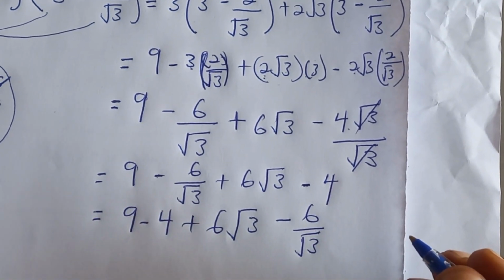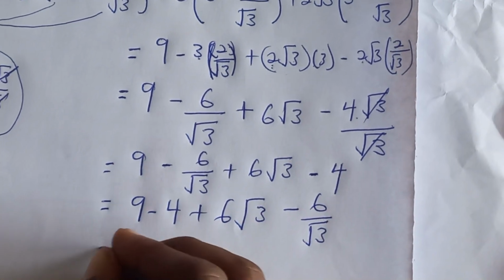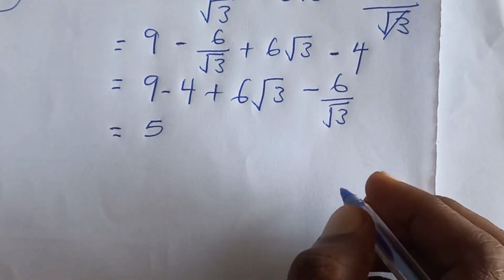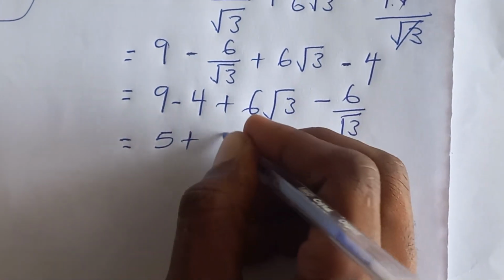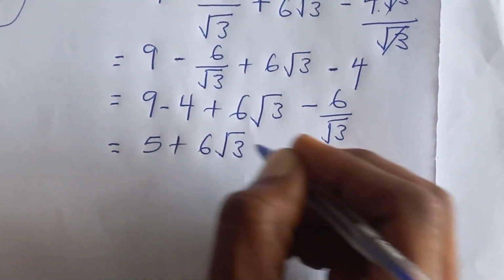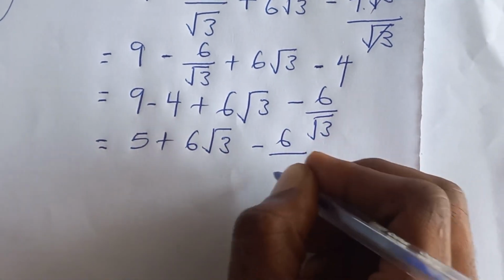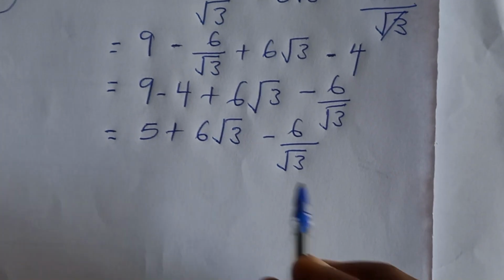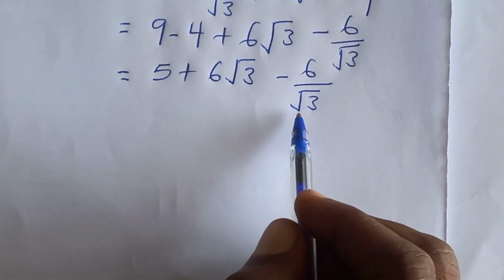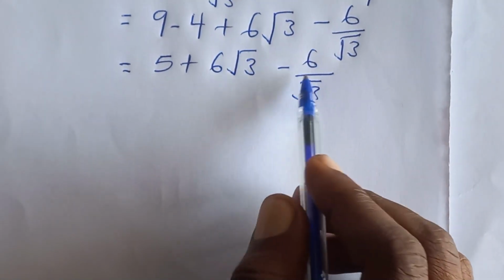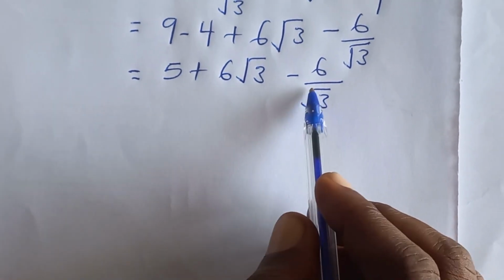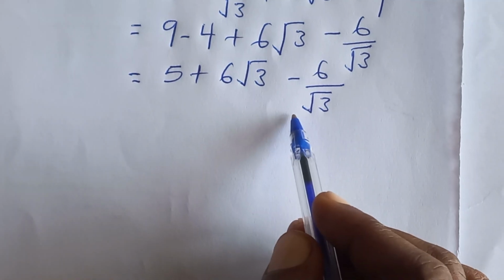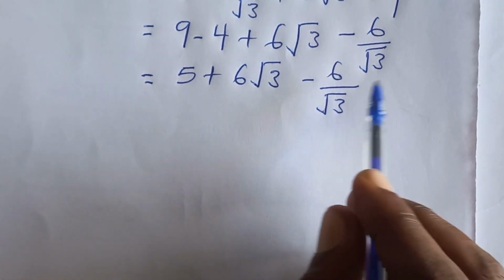Nice, like this. 9 minus 4, we are getting 5, then plus our 6√3 minus 6/√3. Good. Now you can see that we have to do something to this 6/√3. We can't add or multiply straightforward like that. We have to rationalize the √3.